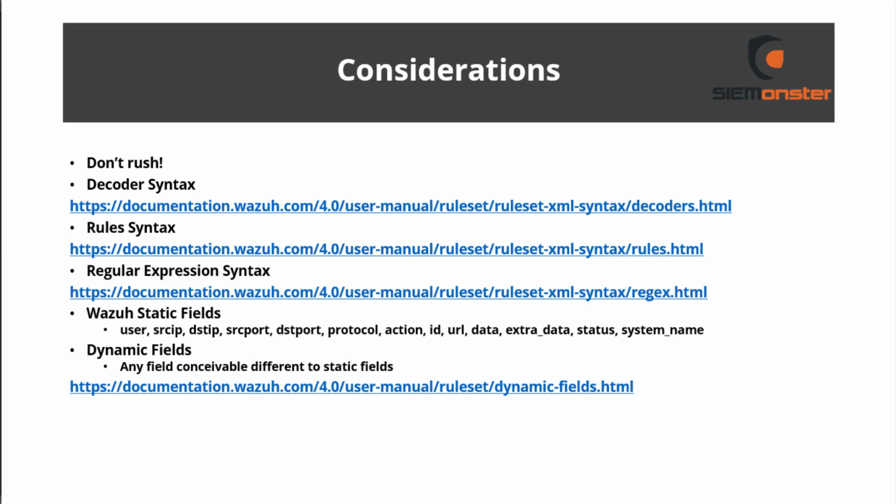What you can do is you can go into your existing decoders that you've got on your environment. You can look at the pre-matches or the right at the top, the decoder blocks there, and you can try and reverse engineer and figure out what they've done to get the data extracted.